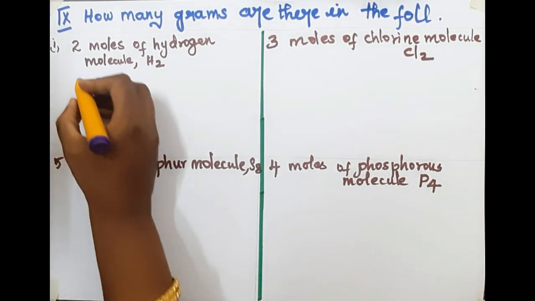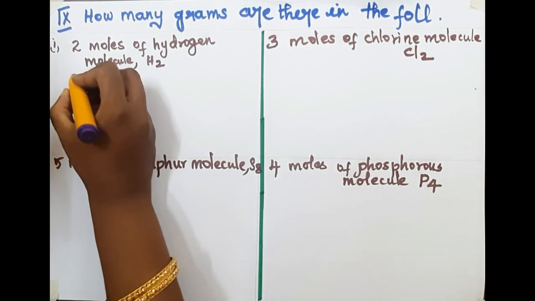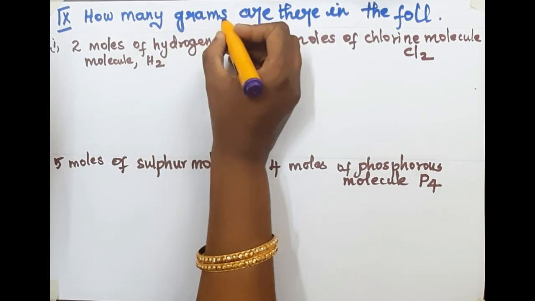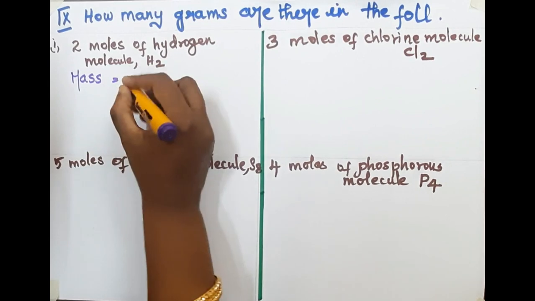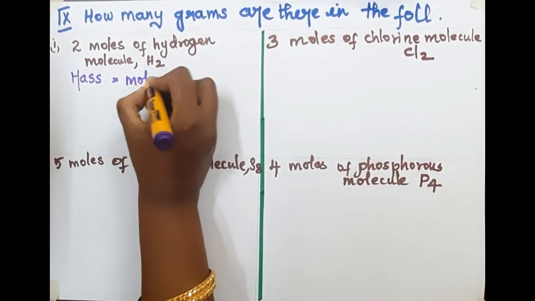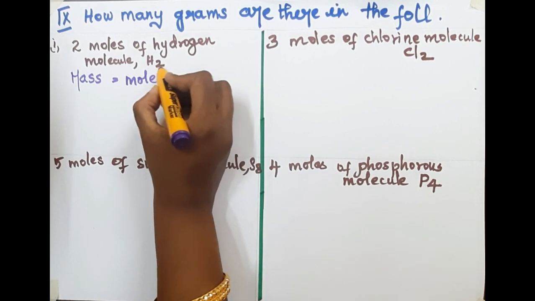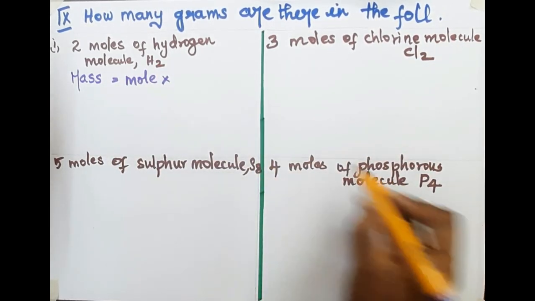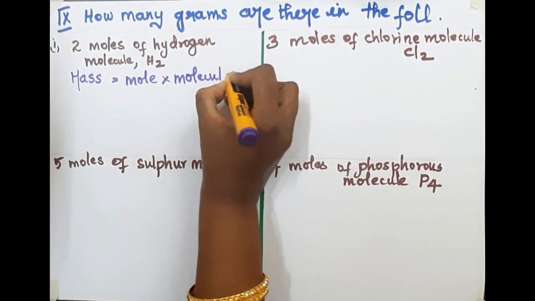Okay. Now, first we will write the formulae in all the 4 cases. Calculate the gram. What is gram? It is mass. Mass is equal to mole into molecular mass. Children, in all the 4 cases only molecules are given.